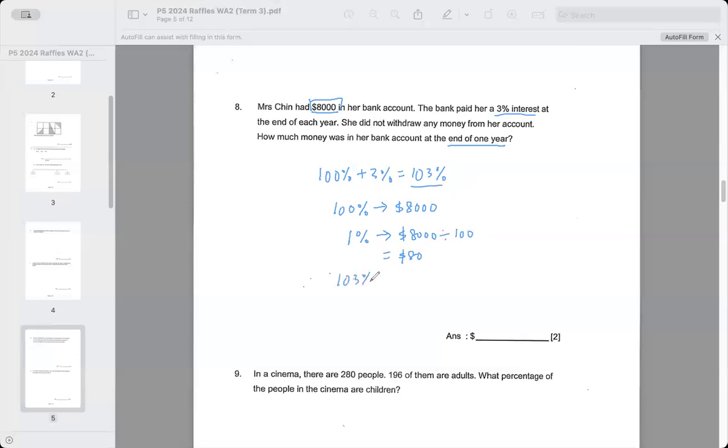So I will simply take 103 times $80. Okay, because 1% is $80, so 103% will be 103 times $80. We will get our answer, $8,240. Okay, so let's move on.